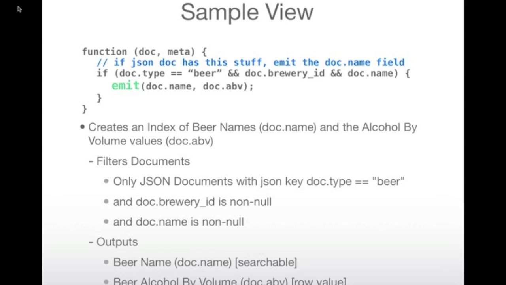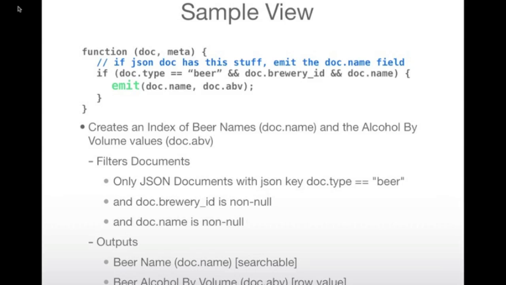The metadata has the document key. In this case, we're saying if doc.type, meaning the type field within the JSON, equals beer, and doc.brewery_id and doc.name are non-null, emit or output the name of the beer and the alcohol by volume of that beer.